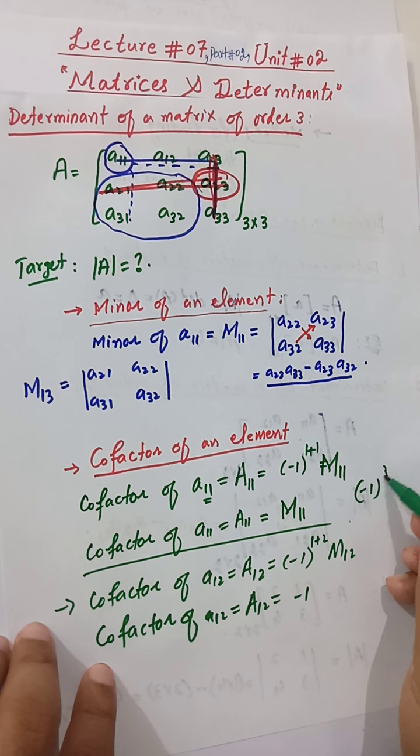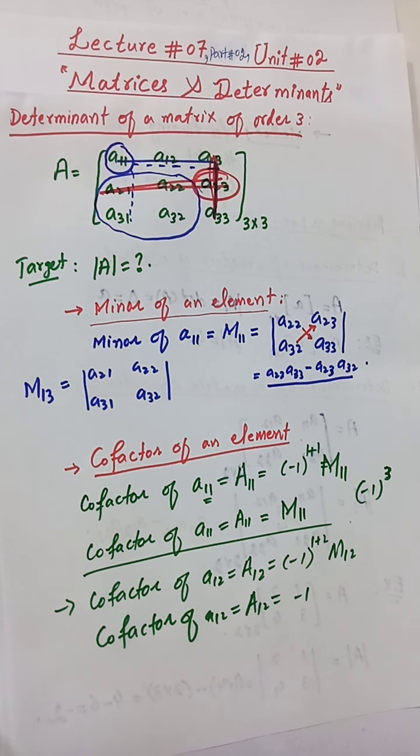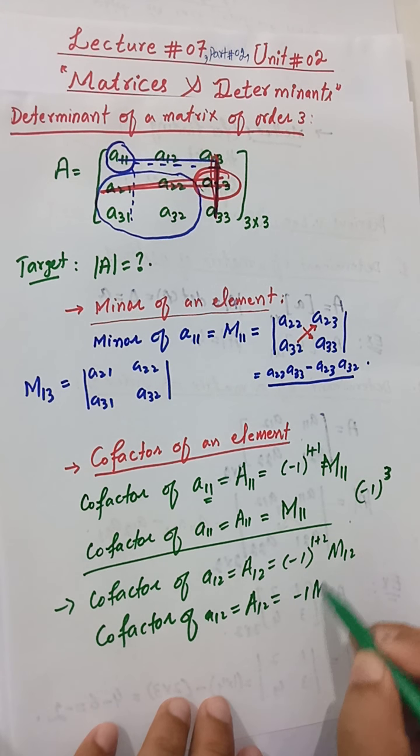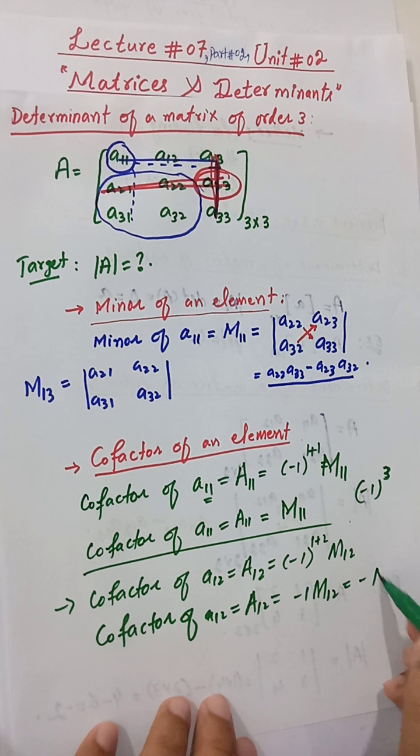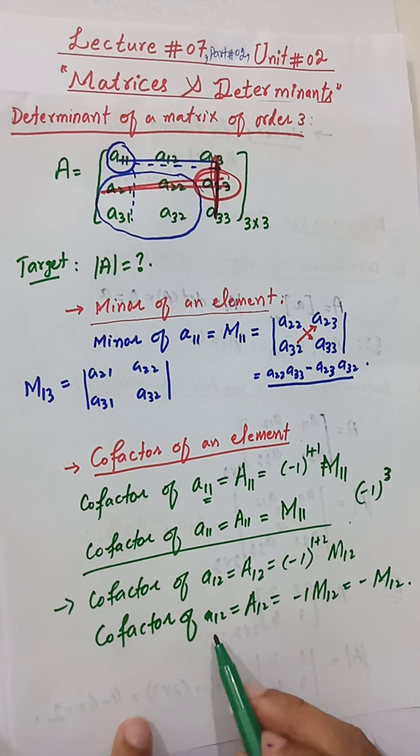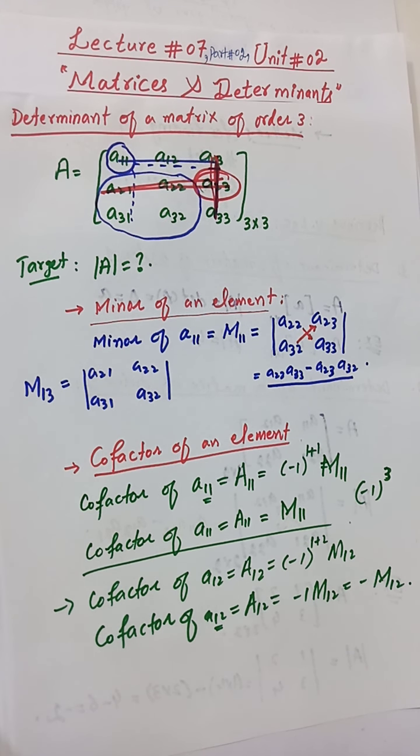Minus 1 power 3 means you are multiplying minus 1 three times, so you will get minus 1 times M12, that is minus M12. So when the addition of the subscripts is odd, the cofactor will be equal to minus times the minor of that element.